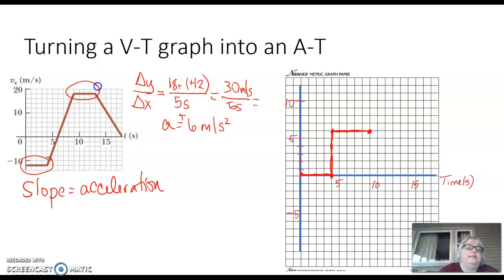My third segment, again, we have a constant velocity. Since we have a constant velocity, again, my acceleration will be 0. Now, that runs from 9 seconds to 13 seconds. 10, 11, 12, 13 seconds.